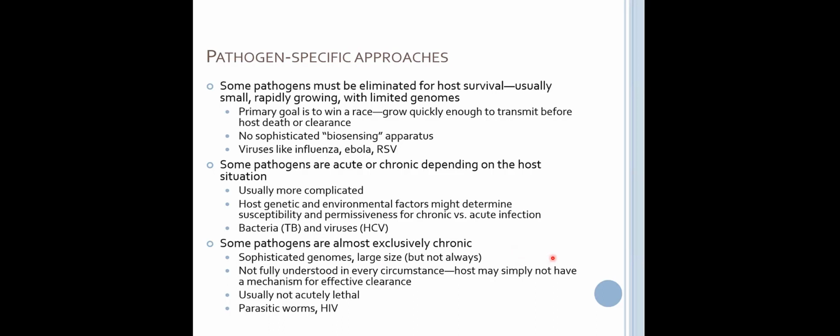Pathogens, because relatively they're all going to have a smaller genome than the host, can evolve a bit more quickly, and so maybe are just ahead of us in the current evolutionary arms race. These are usually not acutely lethal. So you live a long time with certain parasitic worms, even with TB, and you can even think of HIV as somewhat in this category, though it doesn't have a very large genome.